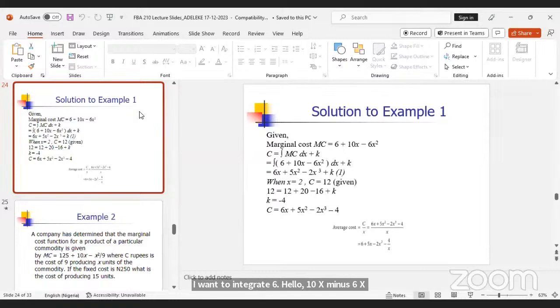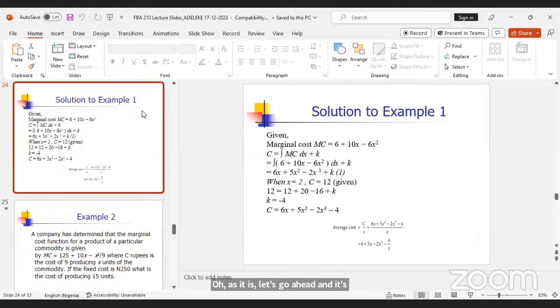This is similar to what we did earlier with functions that you have expanded. Each term will have to be integrated, or as it is, you can just go ahead and integrate, and then you will have your answer.